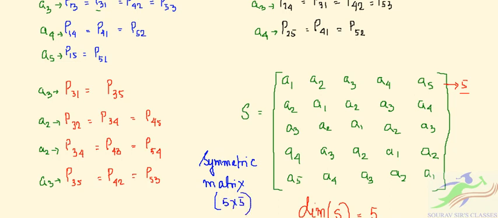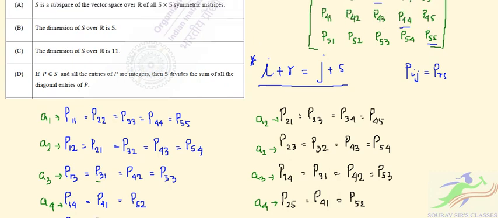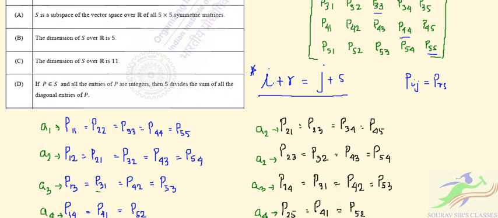So any symmetric matrix can be in a subspace of 5 by 5 matrices, right? So in our case option A is correct. This is a correct option, and we have to find which one is false, right?